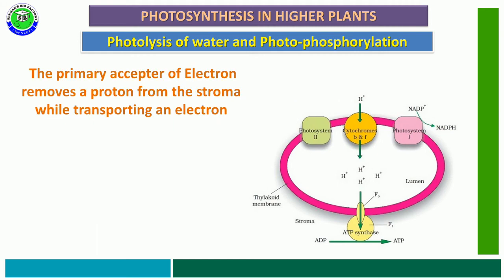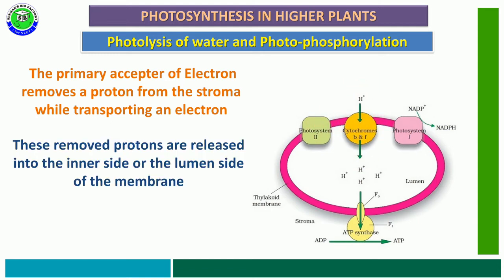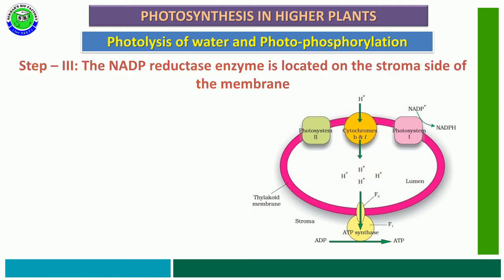The primary acceptor removes protons from stroma as electrons are transported through this structure, and these removed protons are released inside the thylakoid lumen, creating a proton gradient.